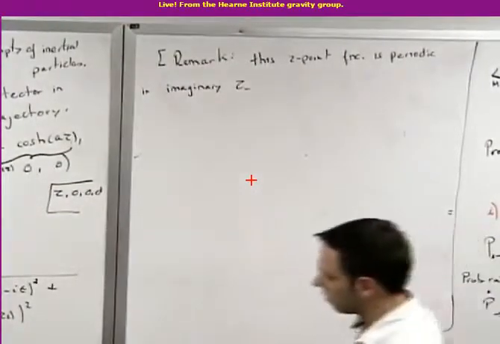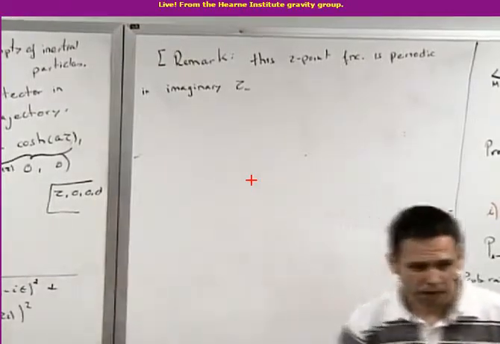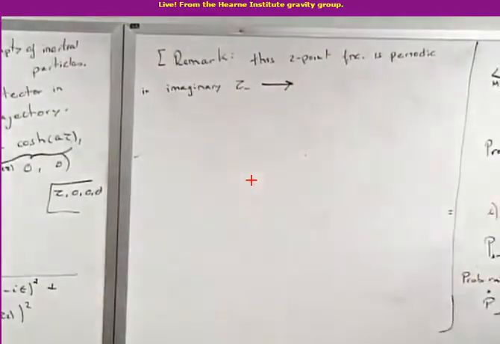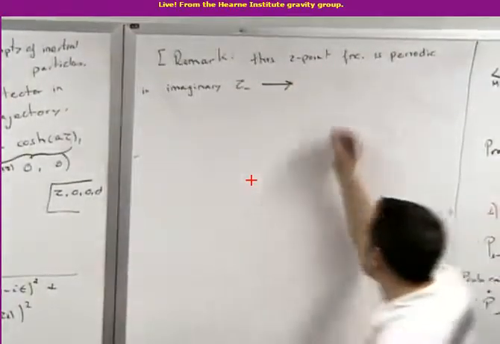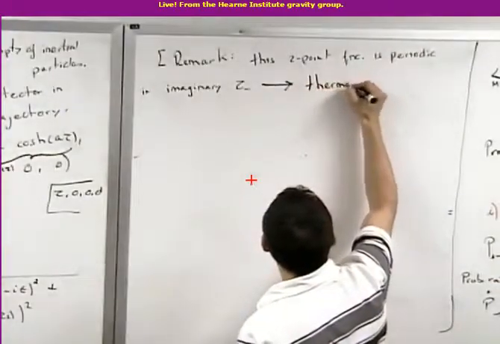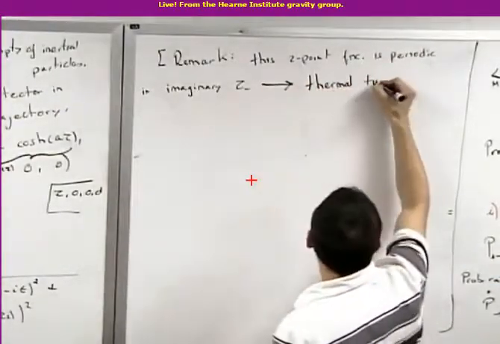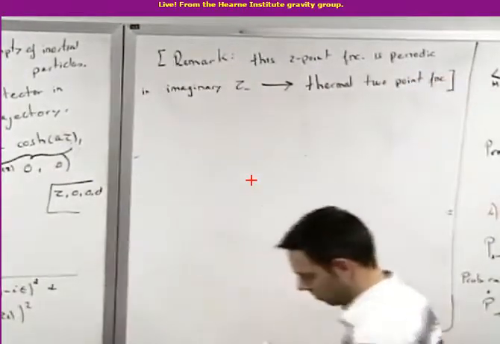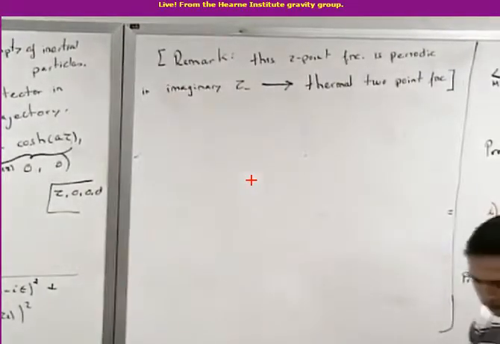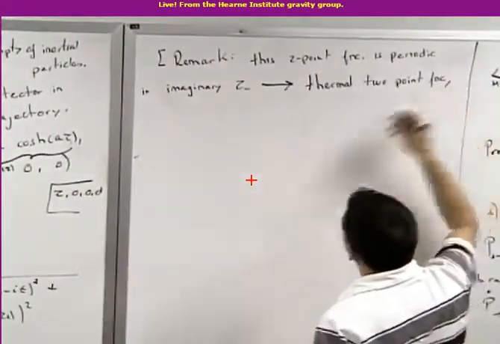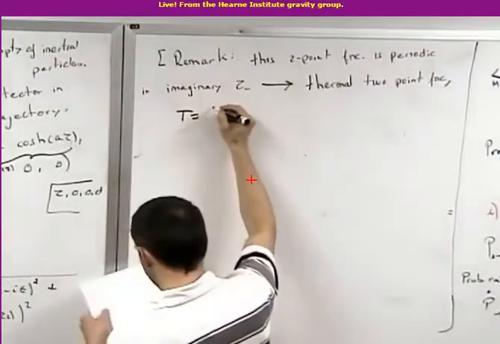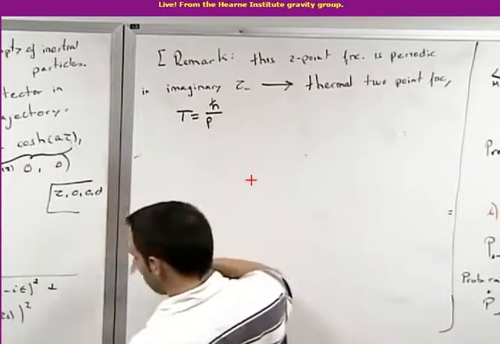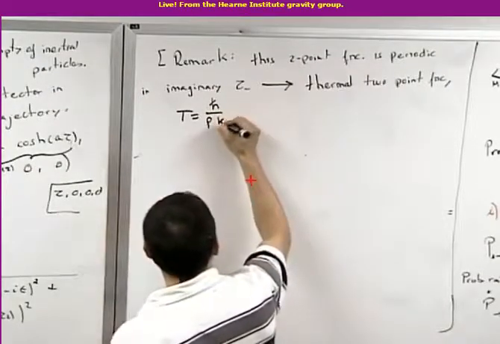So it's a quite characteristic 2-point function, and in fact, it is well known that 2-point functions which are periodic in the imaginary time are what people call thermal 2-point functions. This is like an aside comment. And the temperature of that thermal 2-point function is always given by, I think, 2 pi over the period, so h bar over Boltzmann constant times 2 pi over the period.